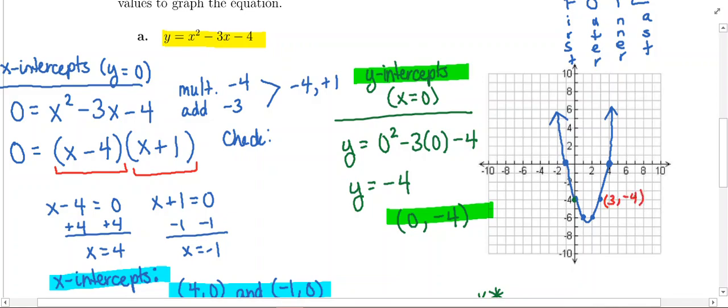What we have learned is, if a graph has x-axis symmetry, the point that has the same x-coordinate but the y-coordinate has changed sign should also be on the graph. So in this case, if we're looking at the point (3, -4), then the point (3, 4) should also be on the graph. Well, here's the point (3, 4). It's not on the graph. So there is no x-axis symmetry here.